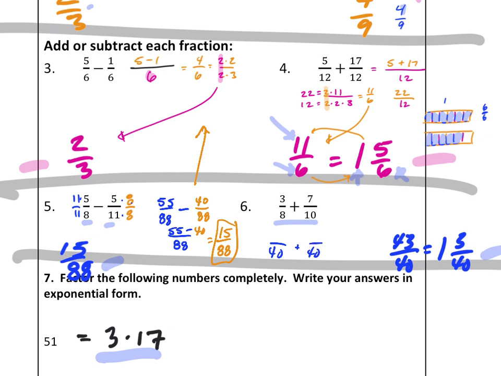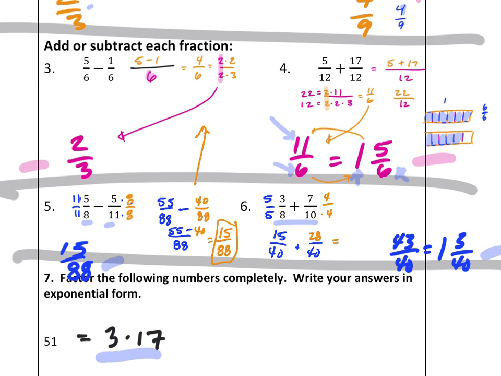So I have to multiply the 8 times 5, which means to keep it representing the same amount, I'm going to multiply the 3 times 5, which is going to give me 15 40ths. And then I'm going to have to multiply the 10 times 4 to get 40, which means I have to multiply the 7 times 4, which means I'm going to have 28 40ths.